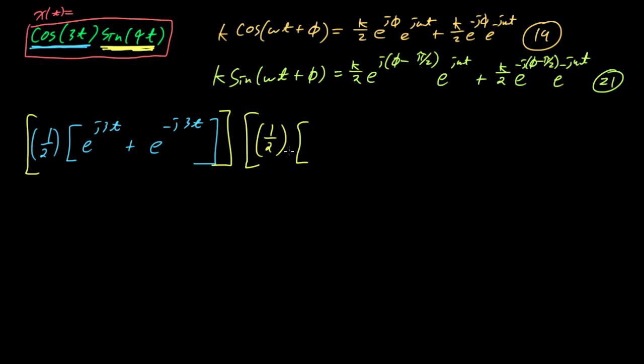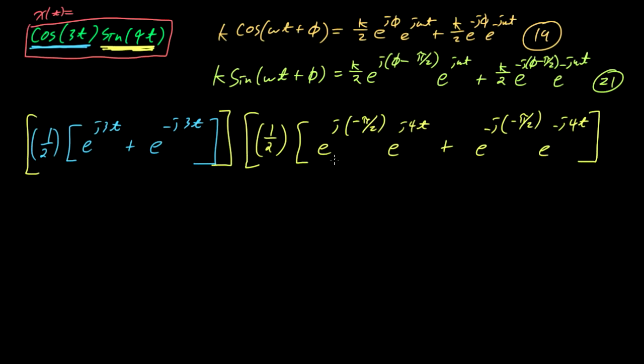Our phi is 0, so we're just going to have minus pi over 2 here. e to the j minus pi over 2 times e to the j omega t. The omega for our sine is 4, so e to the j 4t. And now I add on, I've already factored out my 1/2, plus e to the minus j, phi minus pi over 2. Phi is 0, so I just have minus pi over 2, times e to the minus j 4t.